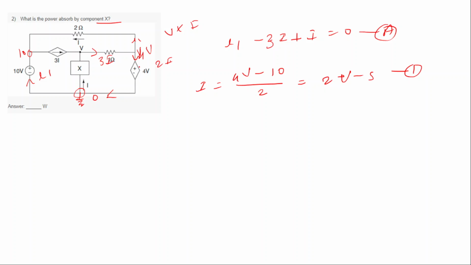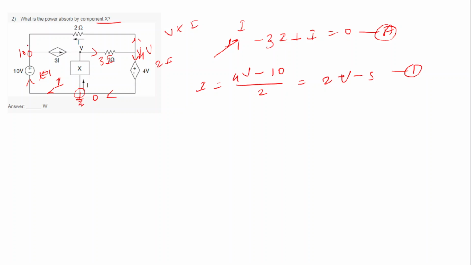So this will be 2I, and the 2I current is going in this direction, so I1 will be equal to I. So we can replace I1 with I.